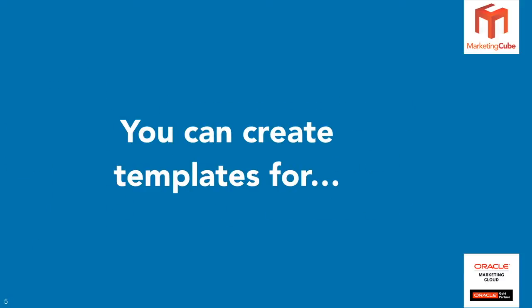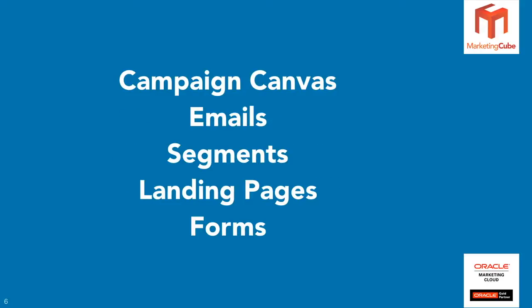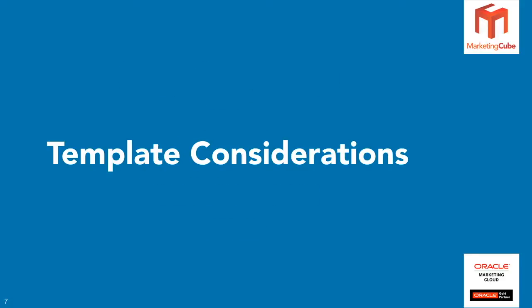Now, within Eloqua, you've got a range of different levels of capability for what you can create templates for, and these are just some of them. Things like the campaign canvas, emails, segments, landing pages, and forms, you can create templates for all of these various bits and pieces. But I want to give you some tips and ideas and some considerations to think about before you rush into making templates.